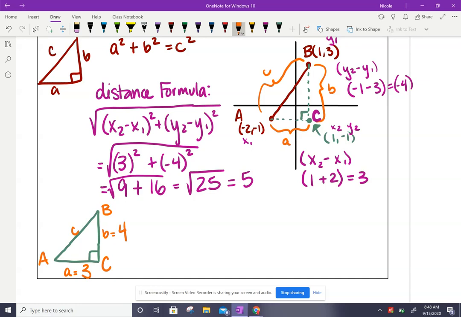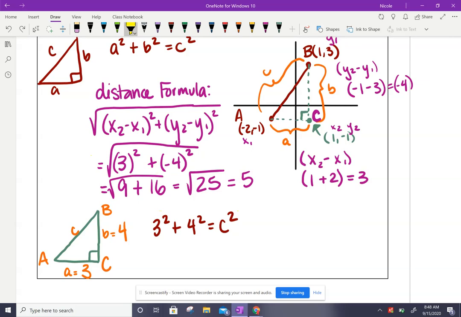And I just asked you to do the Pythagorean theorem, you would take 3 squared plus 4 squared equals c squared. Now, I immediately see a similarity with what's going on here and what's going on here. They're slightly different, but still very similar.